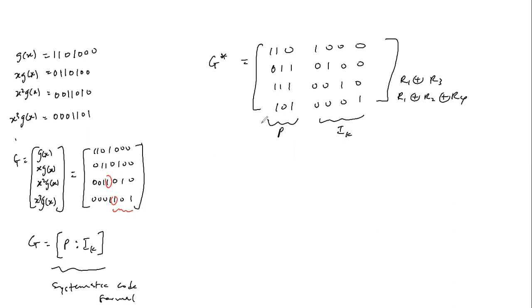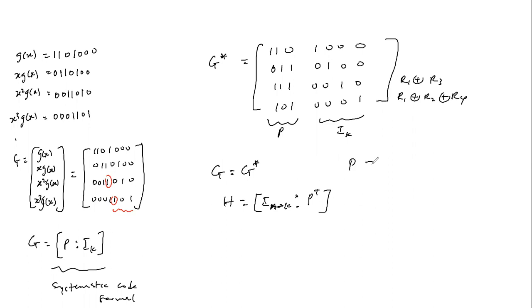So the generator matrix G is equal to G star. Now the parity check matrix is the identity matrix of size N minus K times the transpose of the parity matrix.